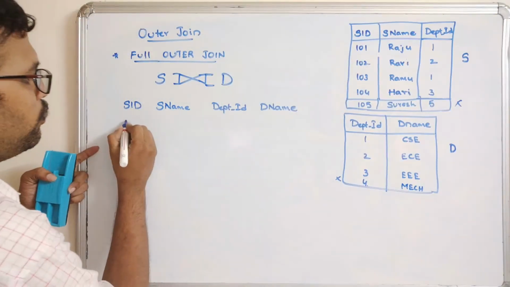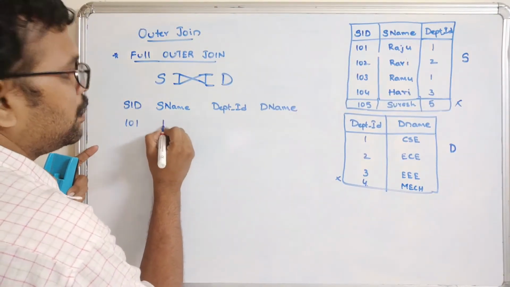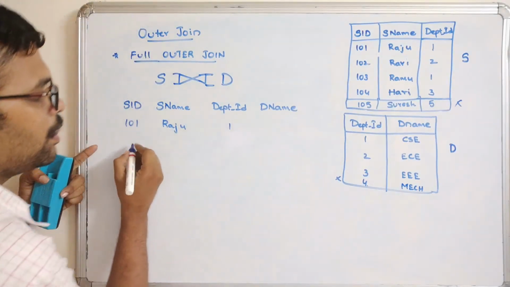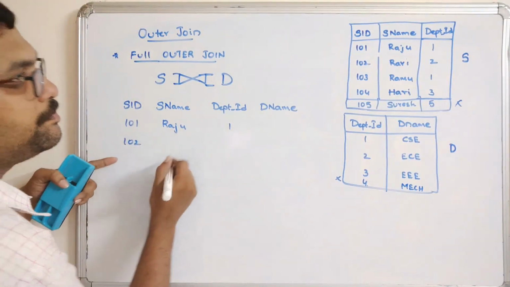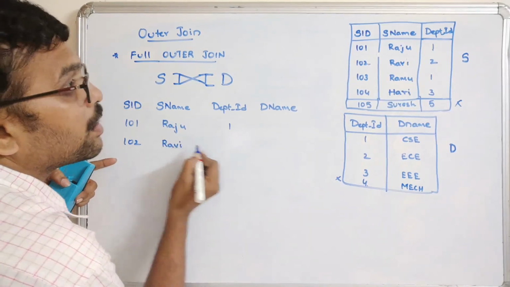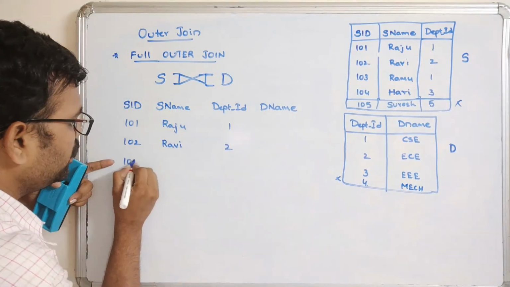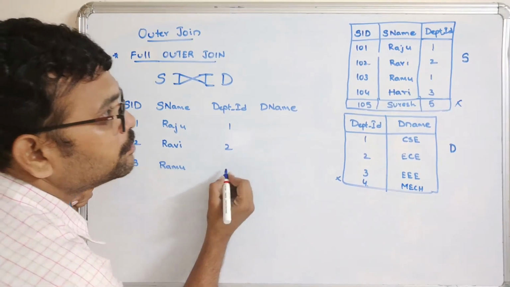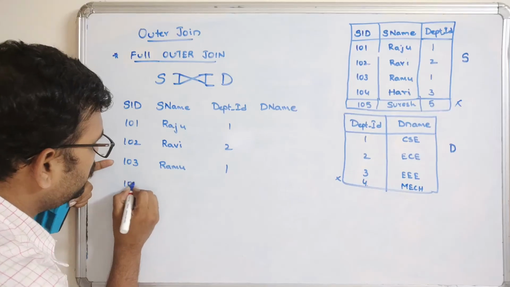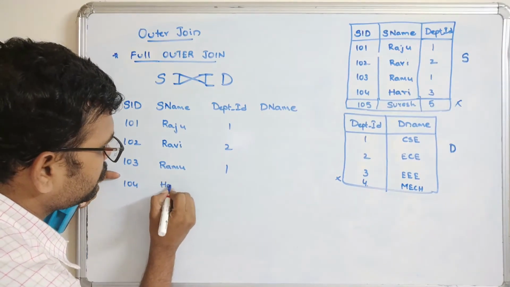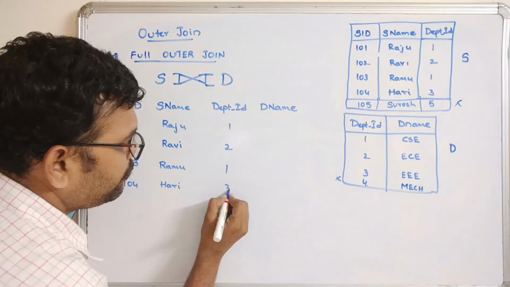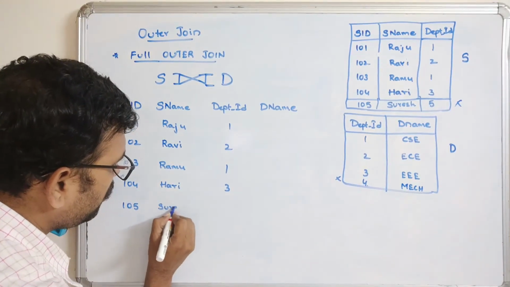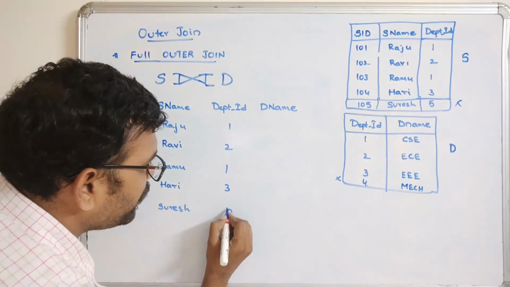So write down 101 Raju, 102 Ravi, 2, 103 Ramu, 1, 104 Hari, 3, 105 Suresh, 5.